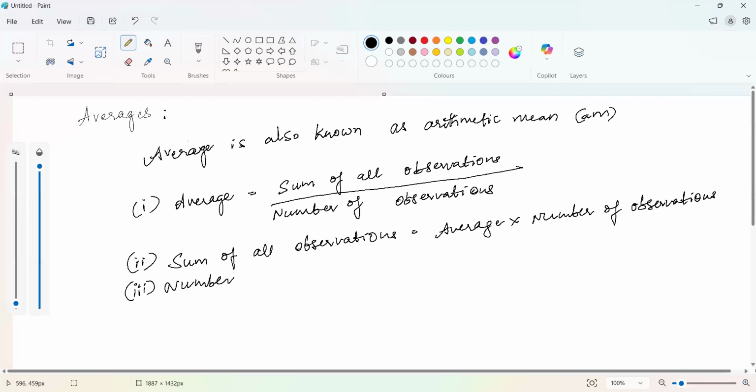You can write the formula in either of these. Sometimes you may be given the average directly and you need to find the sum, or you may be required to find the number of values present.